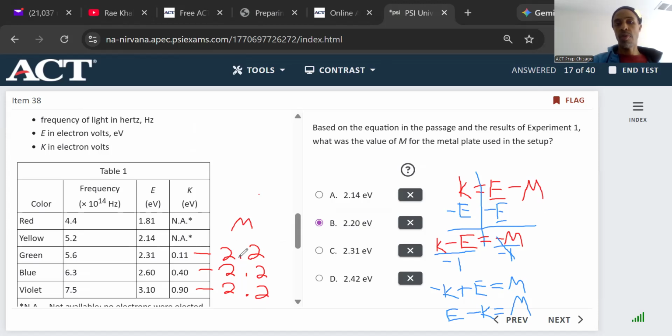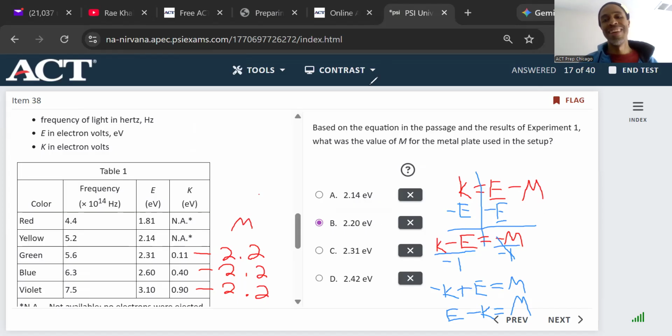You have more energy. You subtract those, and then you get the energy of the electron moving off the plate, because the 2.2 of the 2.3 was used to get the electron off the plate, and we have an additional 0.11. So hopefully you guys get that. So if we do E minus K by manipulating this equation equals M, every time you do E minus K on this experiment, you get 2.2. That's why the answer is B, 2.2.